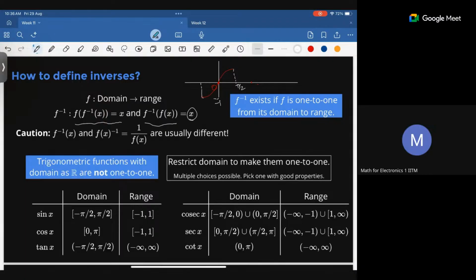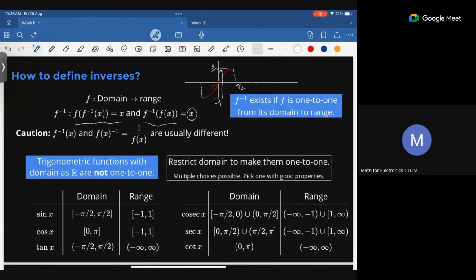So it covers from minus 1 to 1. Right? So it covers all the range values if you restrict your domain to be minus pi by 2 to pi by 2. Therefore, we choose the sin x domain to be minus pi by 2 to pi by 2 and the range to be minus 1 to 1. So it will cover from minus 1 to 1, even from the plot you can see.